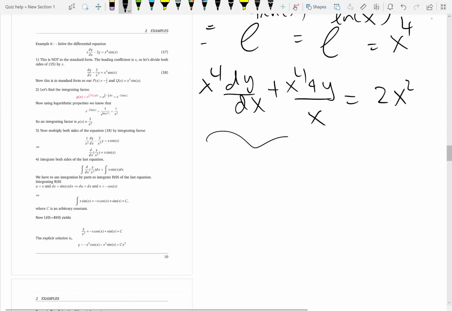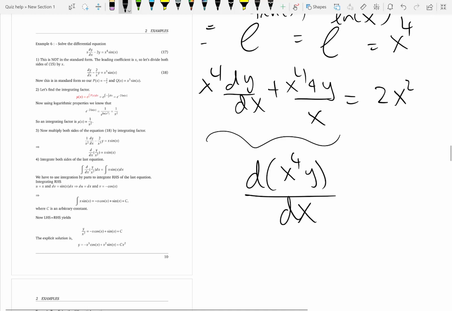Now we know the left hand side reduces to the derivative of the integrating factor times y. That we know for sure, and the right hand side is 2x squared.